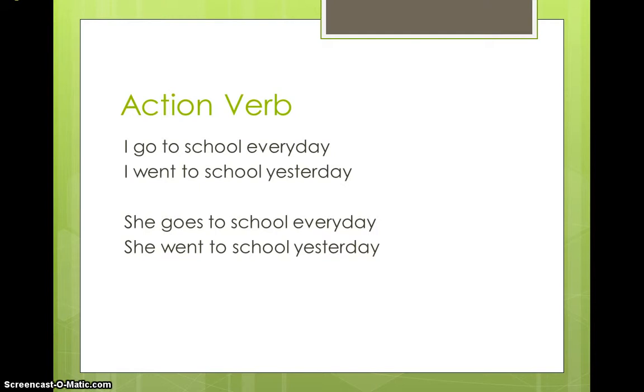If you want to change it into simple past tense, you say, she went to school yesterday. Yesterday here can be changed into 2 years ago, 2 days ago, 2 weeks ago. It doesn't matter as long as it has passed.